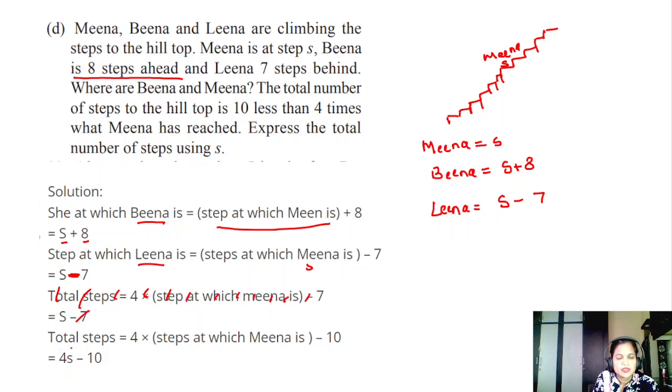Total steps is equal to 4 times Meena's steps, 4 into the steps at which Meena is, minus 10. Meena is at S step. So we put 4 into S, 4S minus 10 is your expression for total steps in terms of Meena's step S.